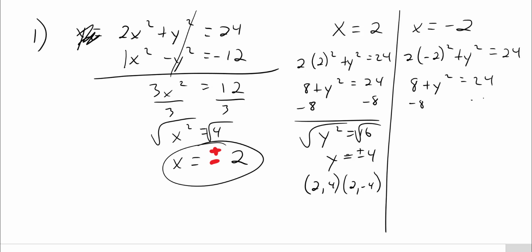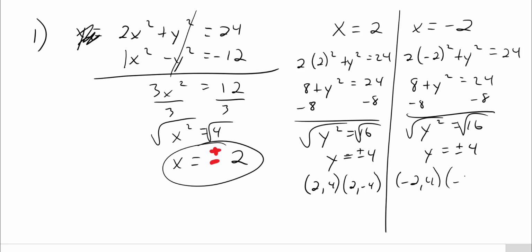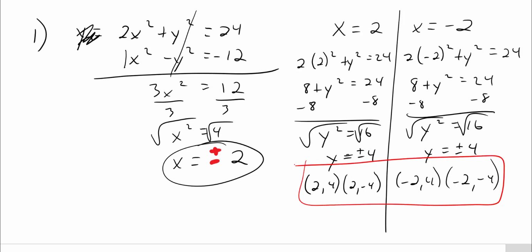Subtract 8, so you get y squared equals 16, and then take the square root, y equals plus or minus 4. So again, for x equals negative 2, I'm going to get y equals 4, and y equals negative 4. And these, math fans, are your 4 answers right here. Okay? So that's how you do that problem. That's a substitution problem.